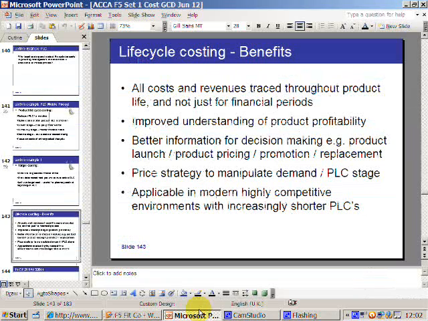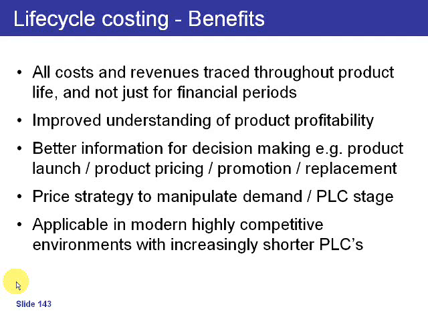Looking at the benefits of life cycle costing, the main benefit is that all the costs and revenues are traced throughout the product life cycle, not just for the financial periods or years in which the product is being sold, which would be the typical way in which an accounting system would treat costs and revenues.